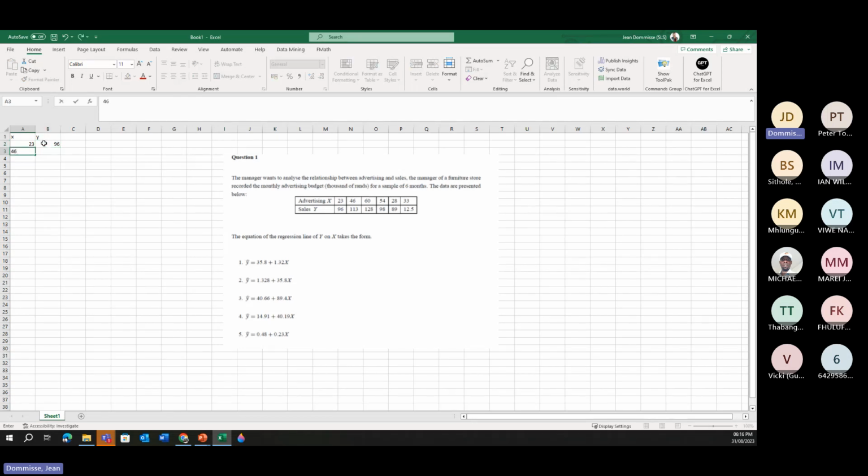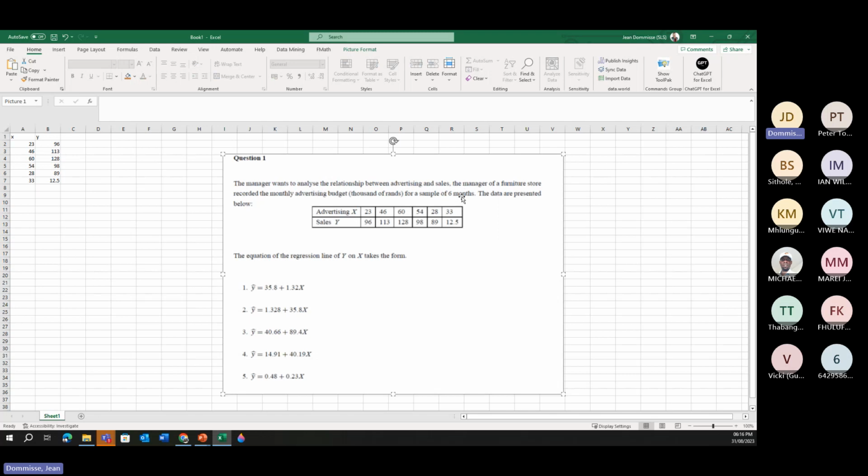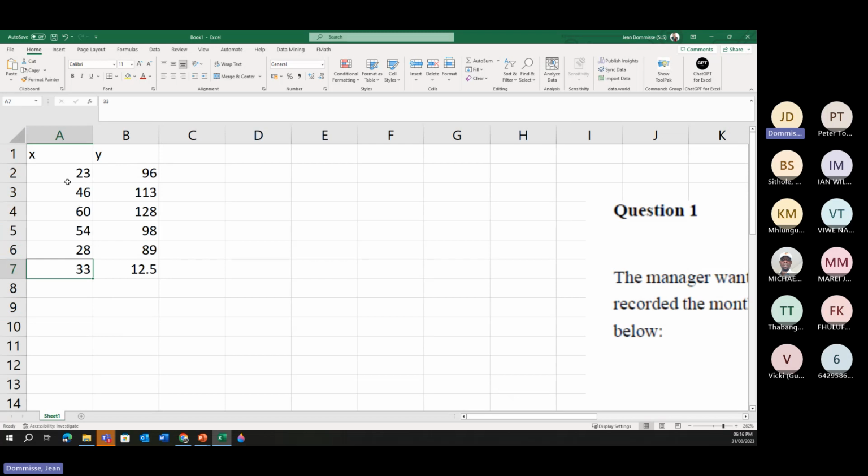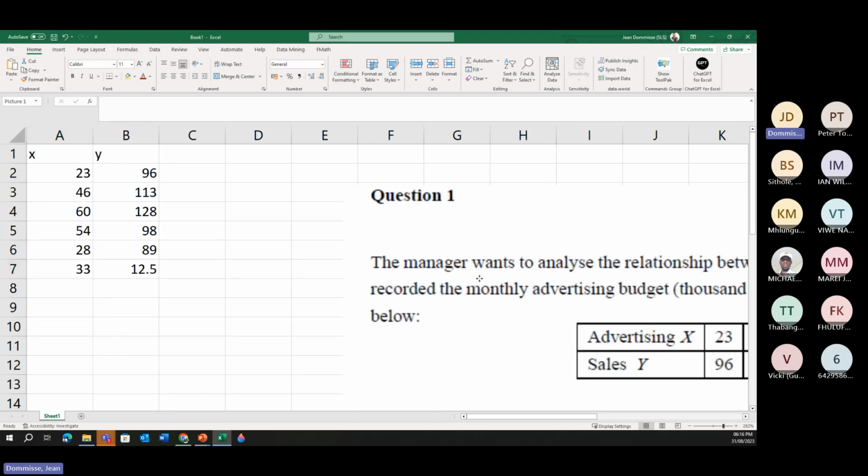Then it is 46 and 113. 16, 128, 54, 98, 28 and 89, and then 33 and 125. Okay, and then you can see they also tell us it's a sample of 6 months, so we can see it's 1, 2, 3, 4, 5, 6. Let's just make that bigger so that you can see. So there were our 6 numbers.